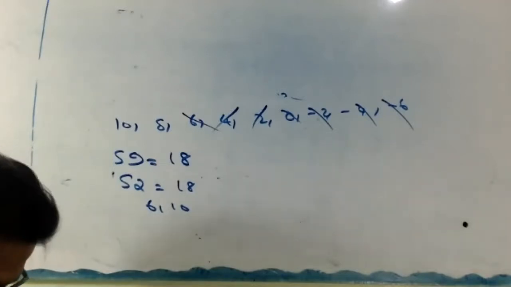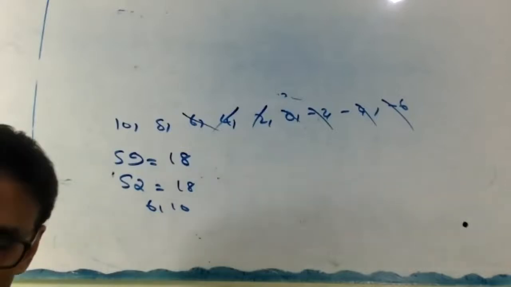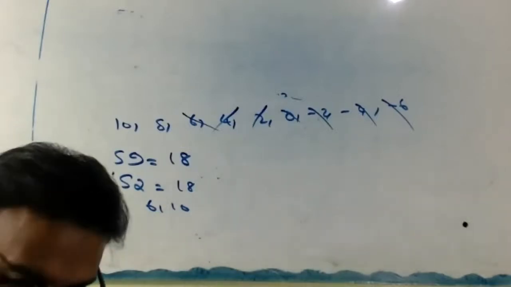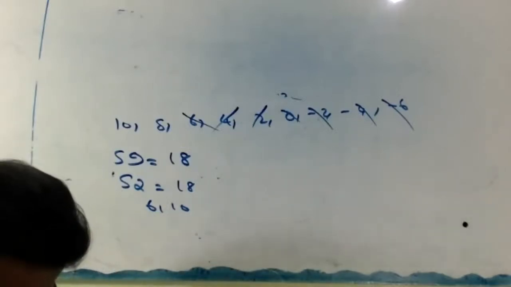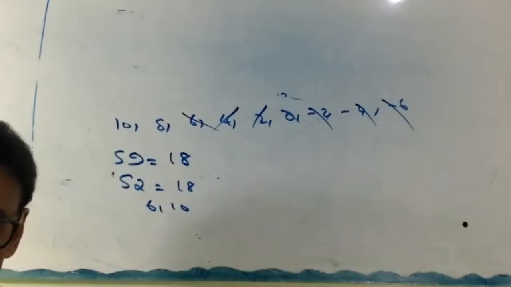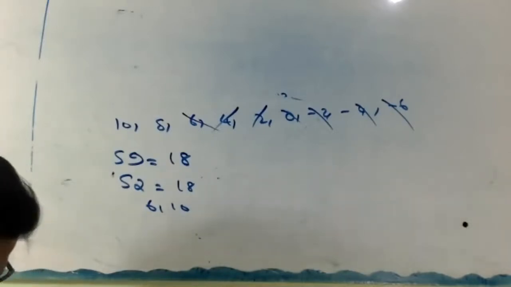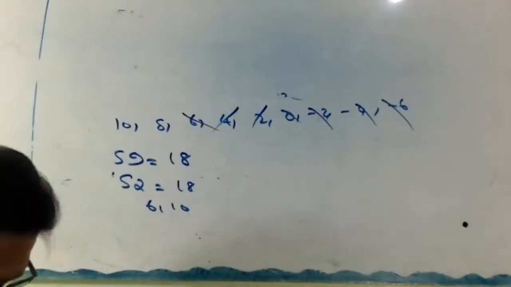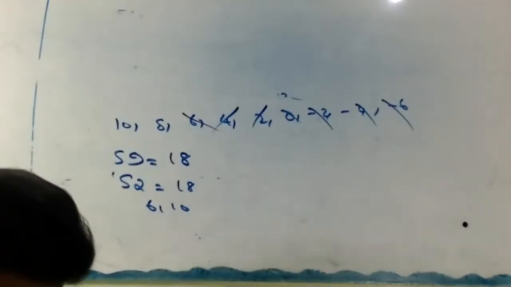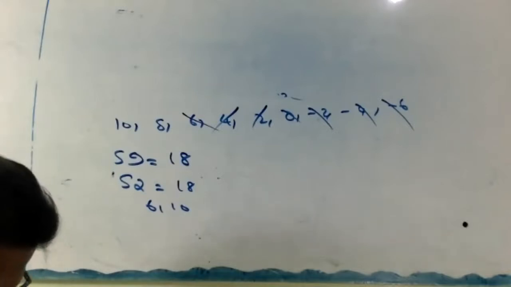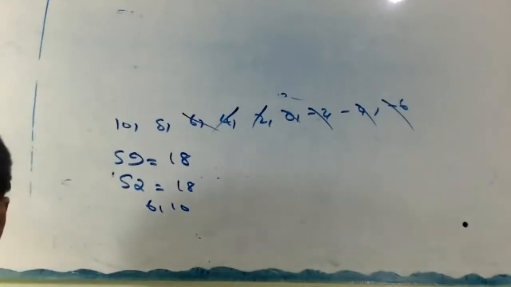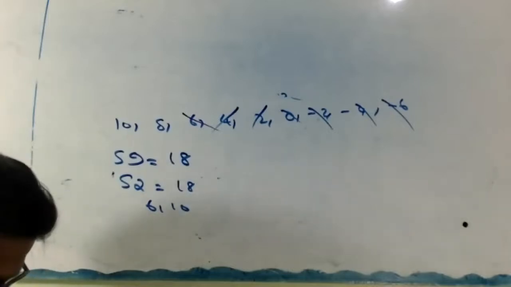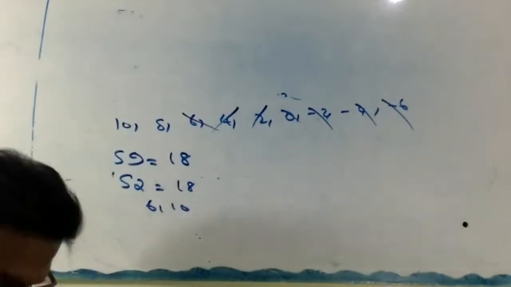Okay. Second line. After 1 minute, a policeman runs after the thief to catch him.